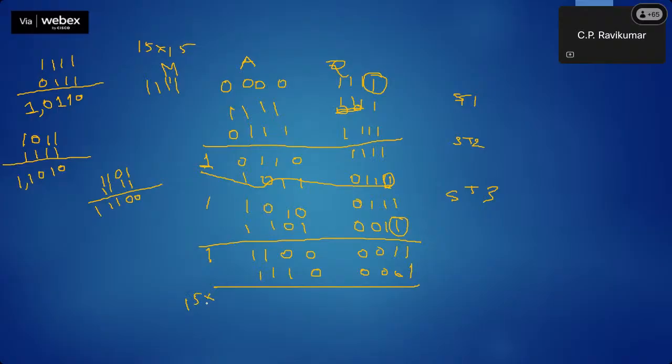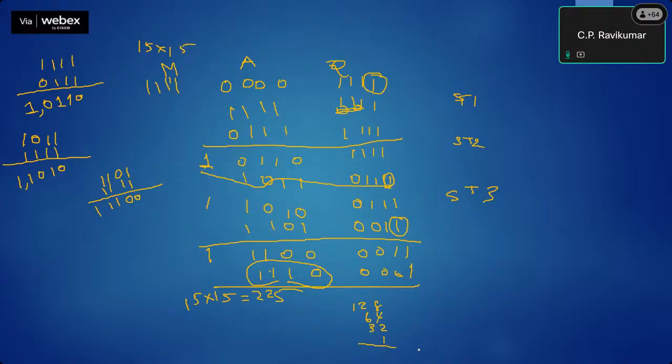So 15 times 15 should be 225. This is what this is. This is 2 to the power 7, right? 128. This is 64. The next is 32.